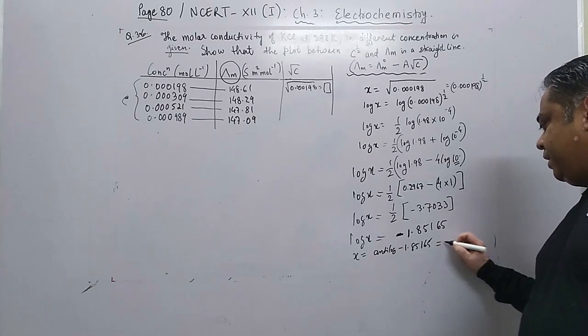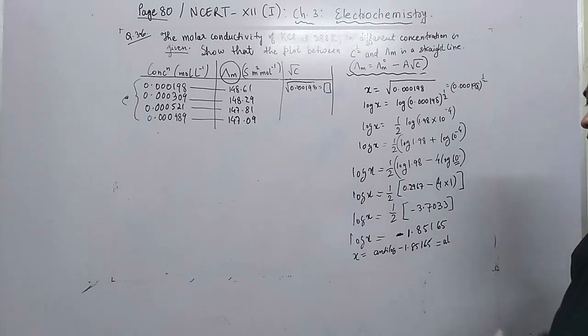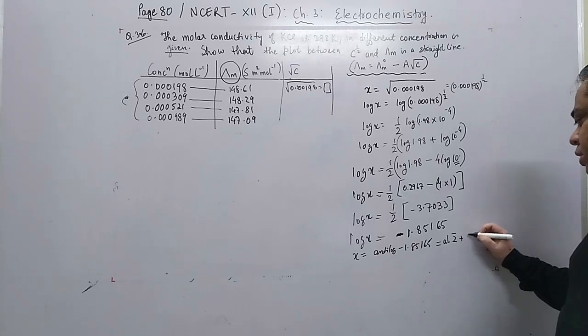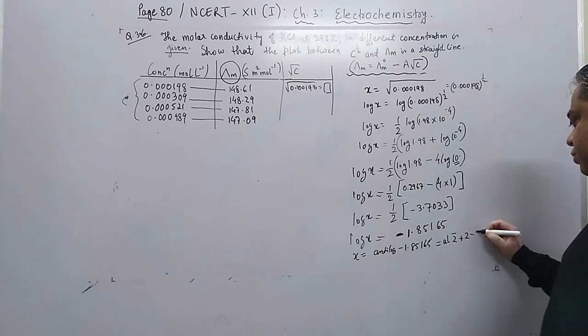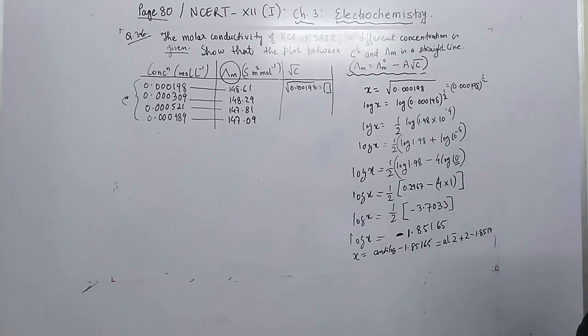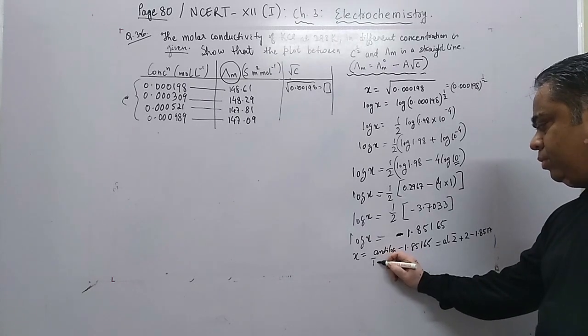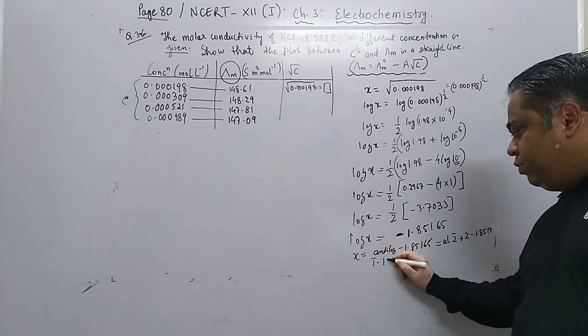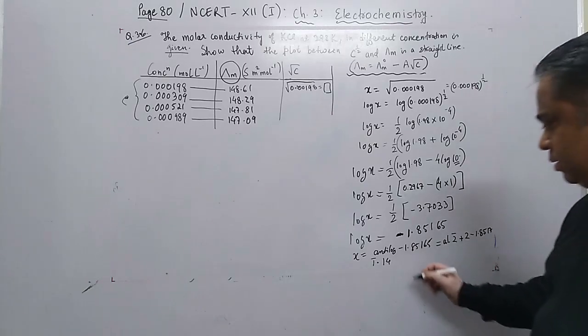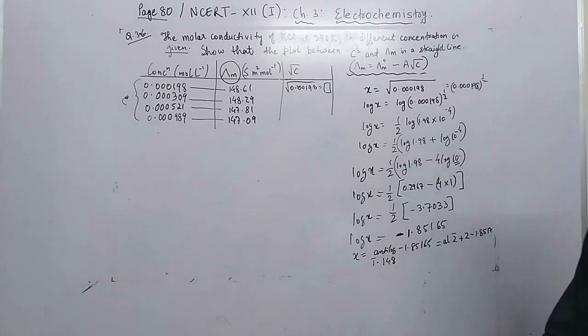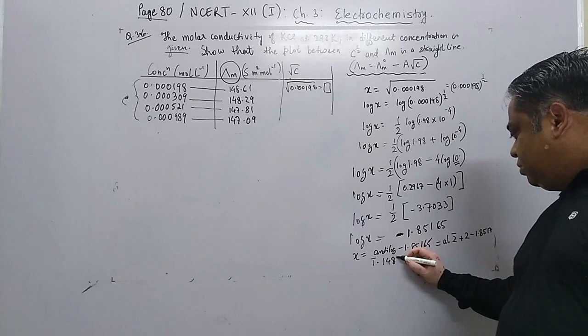So what we will do is we will take it like this: the anti-log of minus 2 plus 2 minus 1.8517, so this will be 2 bar point 1483.